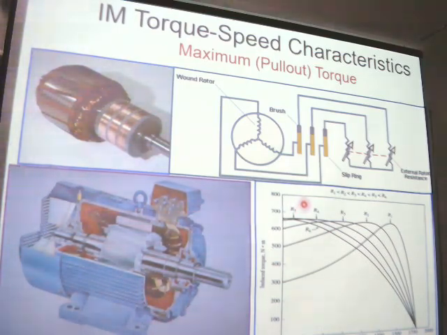So different resistances correspond to different curves, and different curves will have different starting torque. If we use a large resistance, like this one, we have a large starting torque.